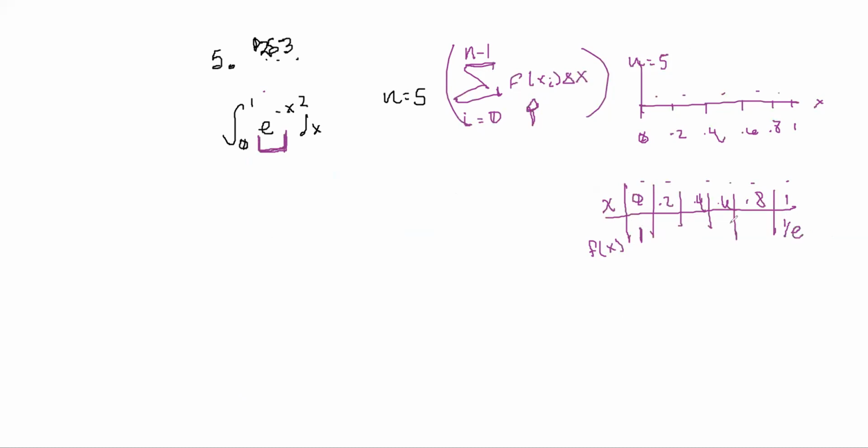And then it gets more and more messed up between there. Where's my e button? This is 0.52.